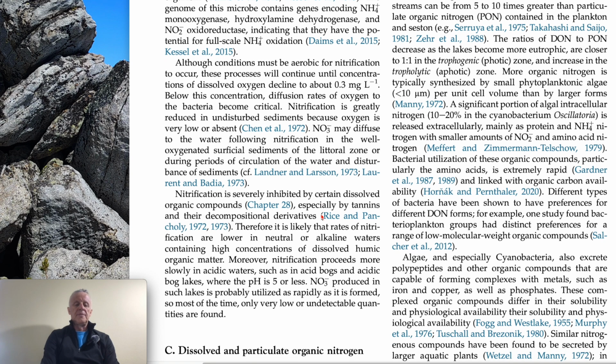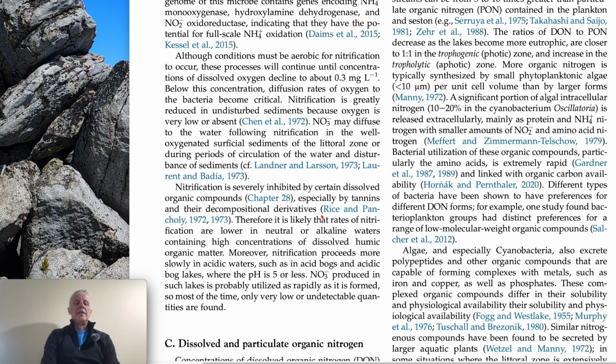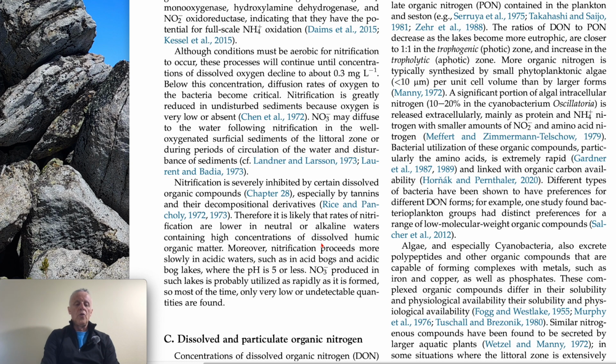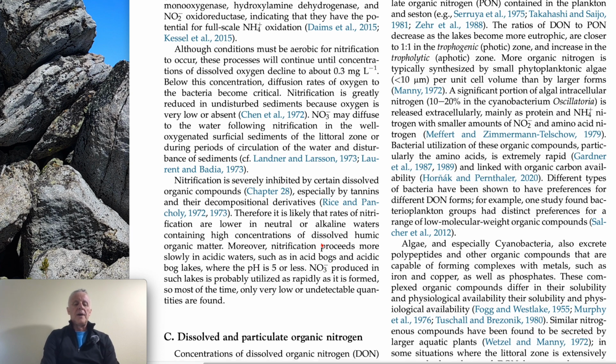Nitrification is severely inhibited by certain dissolved organic compounds, especially by tannins and their decompositional derivatives. Therefore, it is likely that rates of nitrification are lower in neutral or alkaline waters containing high concentration of dissolved humic organic matter.